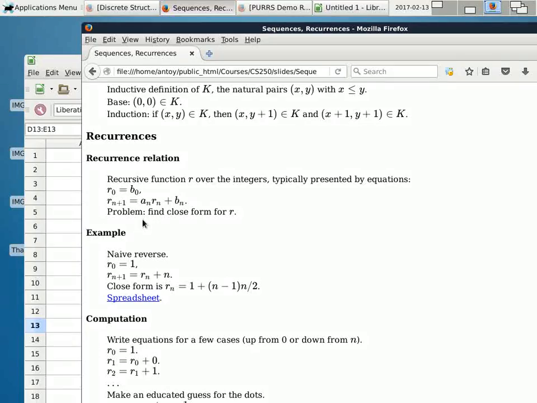So R of 4 is equal to what? 2 R of 2 plus 4. So if I put this here, what do I get? I get 8 R of 2 plus 16. Very good. And so now R of 2, what do I get? 2 R of 1 plus 2.